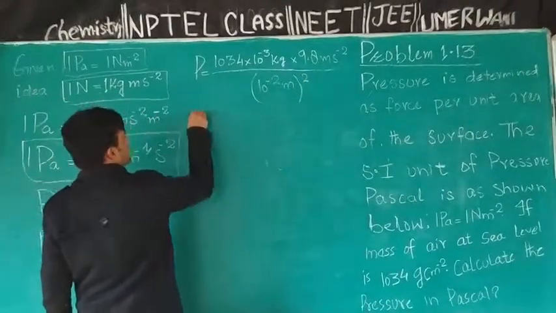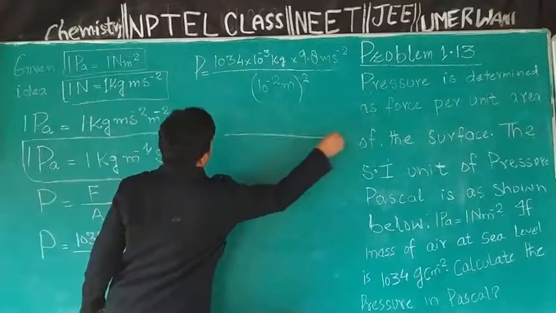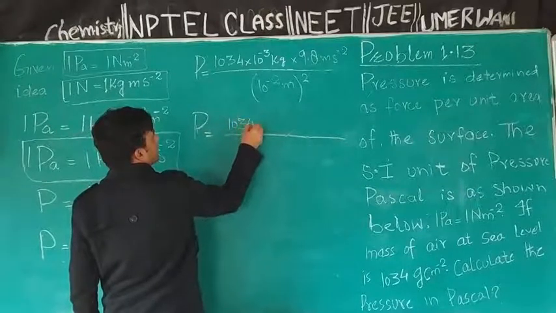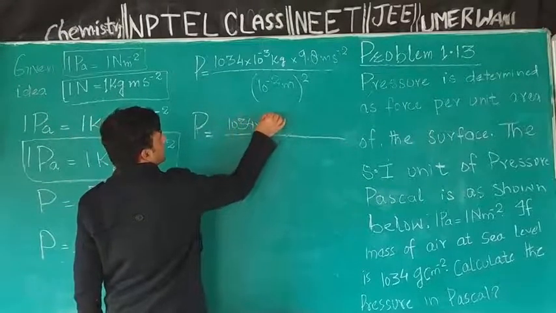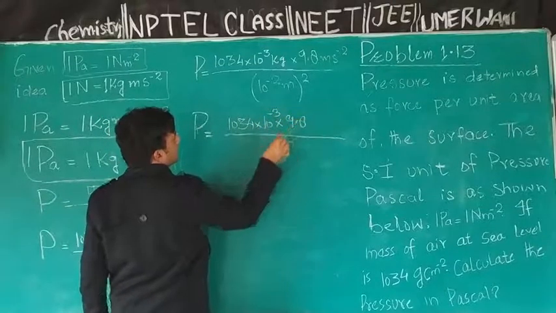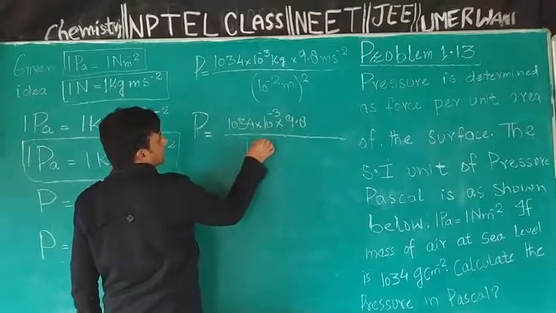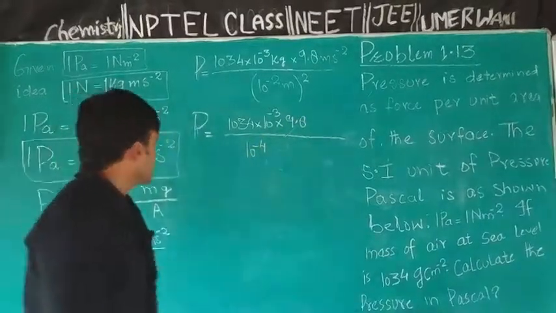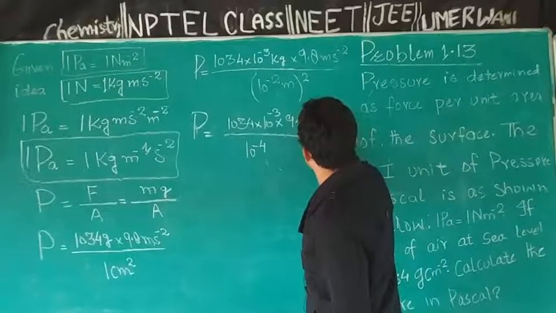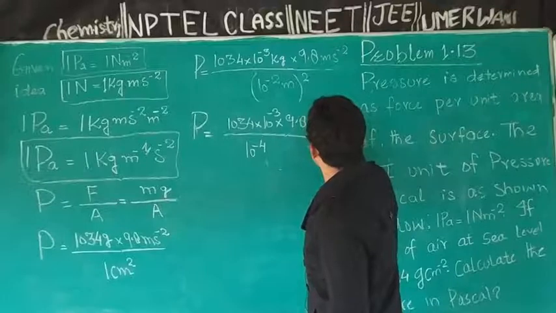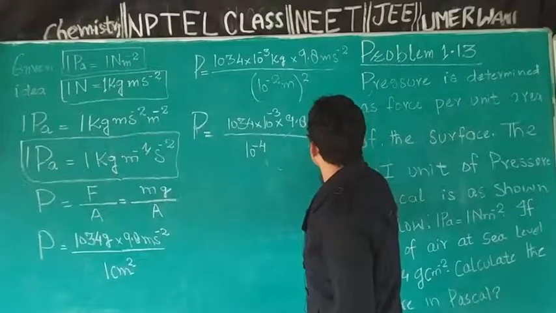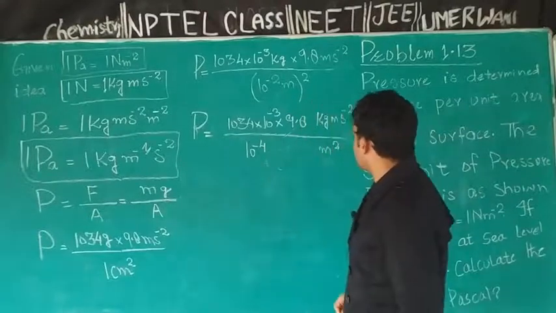Pressure is now 1034 multiplied by 10 raised to power minus 3 multiplied by 9.8, divided by 10 raised to power minus 4, and the unit will be kg meter second inverse square divided by meter square.